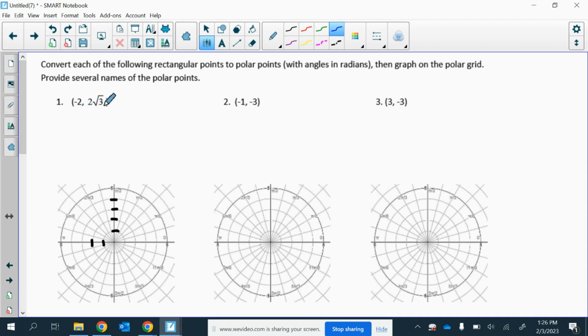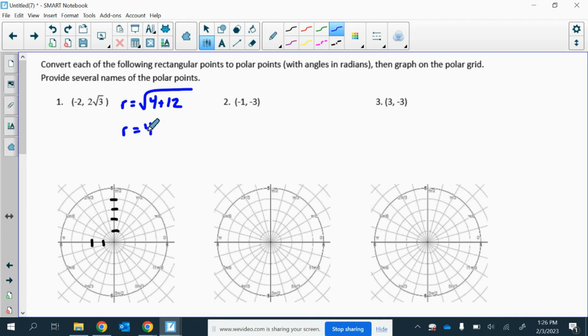converting things. So if I want r, that's going to be the square root of negative 2 squared plus 2 root 3 squared. So that would be 4 plus 2 squared is 4 times 3, so 12. So that's the square root of 16. So r equals 4.